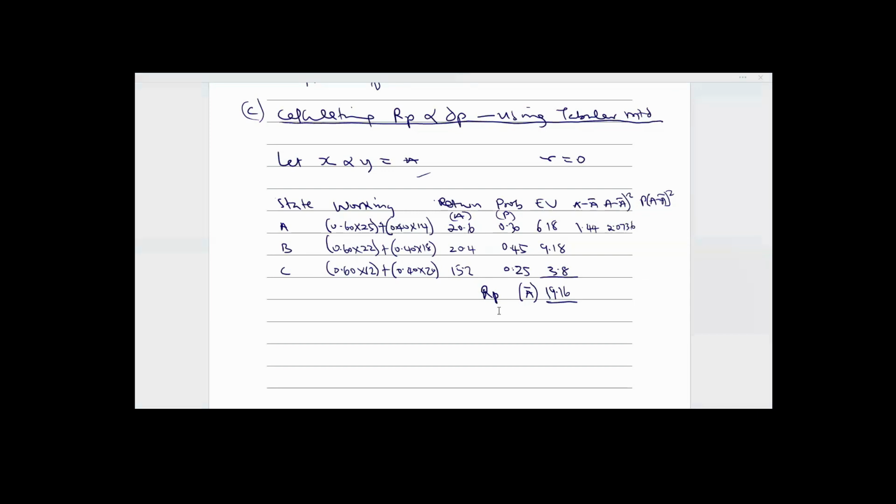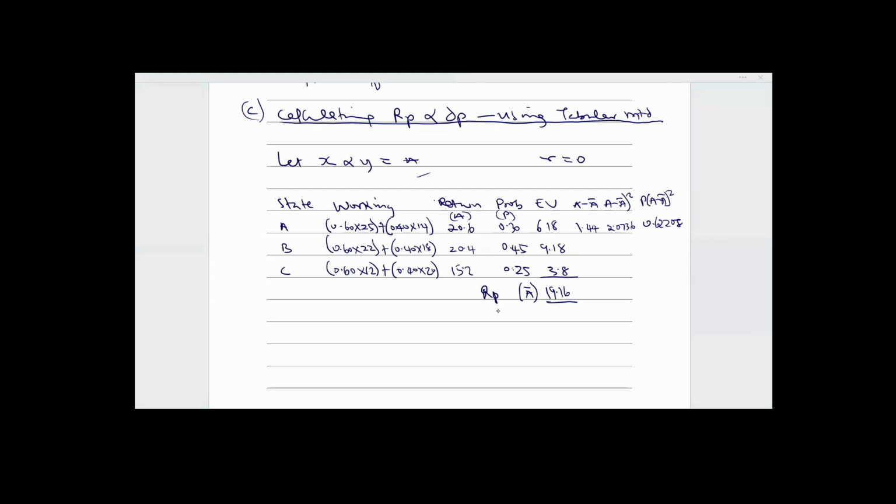So 2.0736 multiplied by the probability of 0.3 equals 0.62208. Okay.